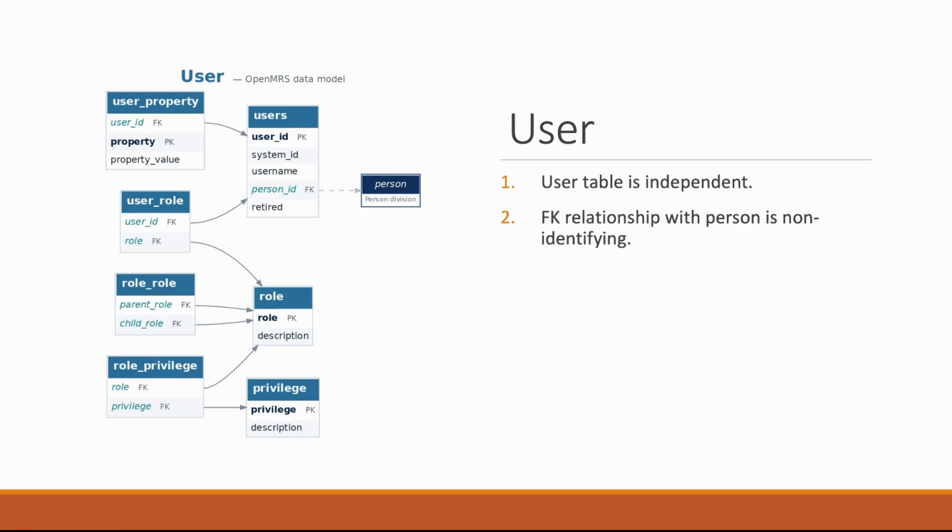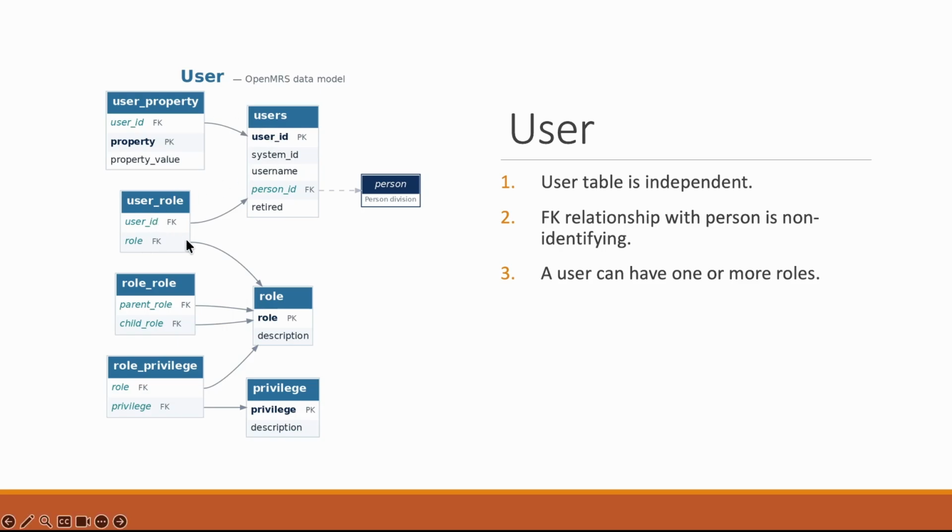One user can have multiple roles. So the same user who is say a receptionist can also have a role of radiologist in the OpenMRS system. Generally we tend to have users who only have one single role, but OpenMRS makes it flexible to have multiple roles for each user.